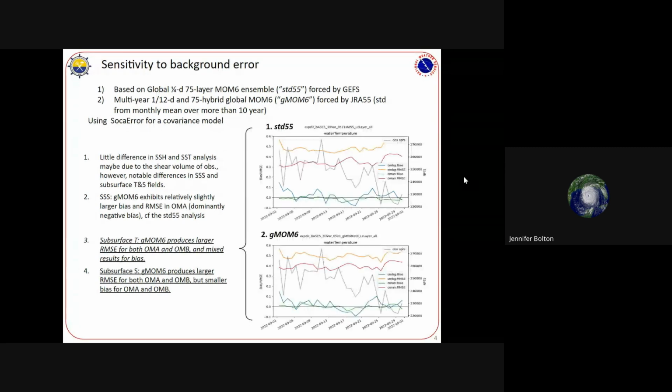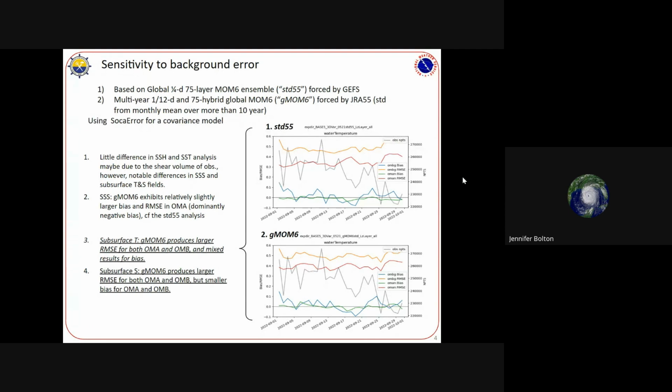Okay, so we did a test with the background error, and we found that there are no differences, or little differences, in SST and SSH analysis. Let me explain, because lots of data is coming from the remote sensing observations, so it's hard to change any differences.